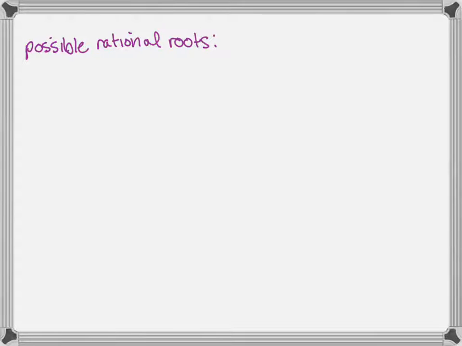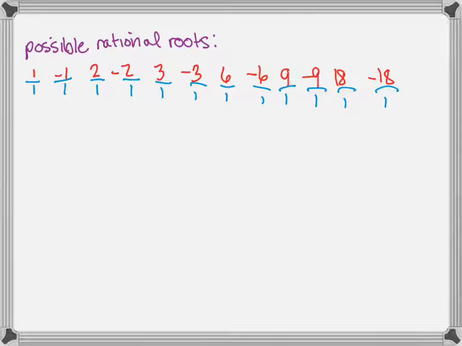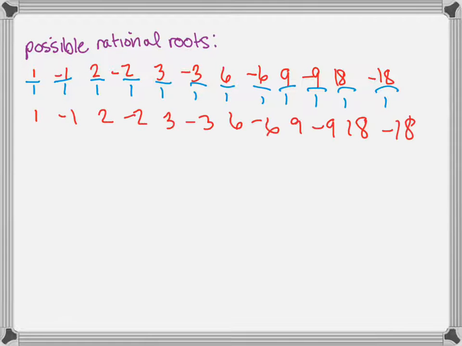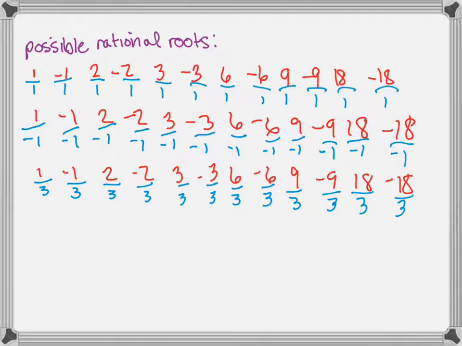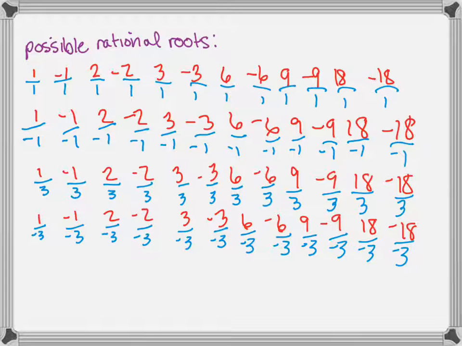So for possible rational roots, I can take all of my possible p's and put them over my first possible q. So everything I'm first putting over 1, then I can put them all over negative 1, then I can take them all and put them over 3, and I can take them all and put them over negative 3.